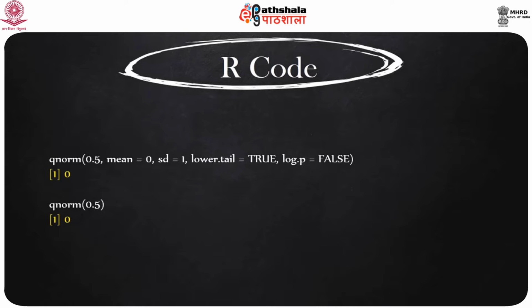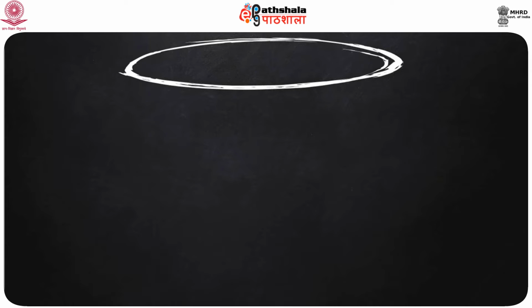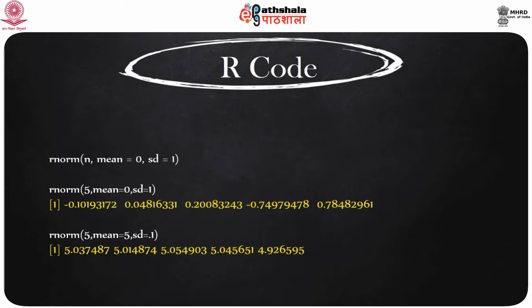Here also, since the other values will be taken as default, if we write down just q norm of 0.5, then also we are going to have the same result as 0. So things are much simpler in case of the r norm function. As had been told previously, this function is meant for generating random samples from a normal distribution.